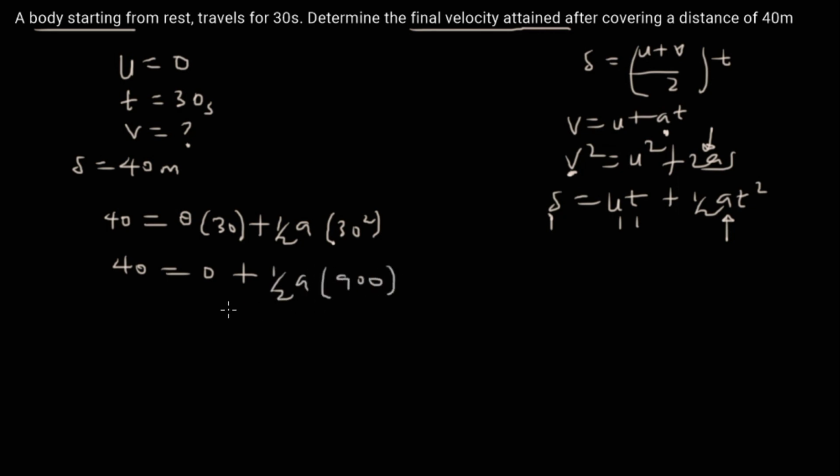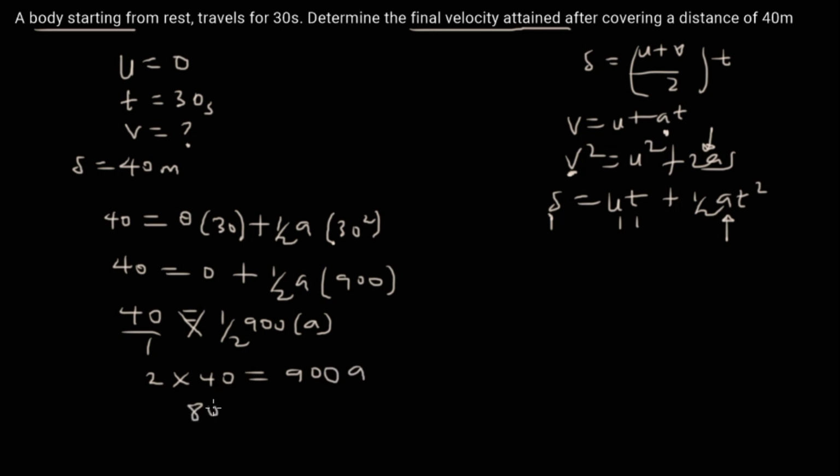All right, so we'll have something of this nature: half times 900a is equal to 40. If we cross multiply, that is 2 times 40, which is equal to 900a. So that 2 times 40 yields 80, which is equal to 900a.